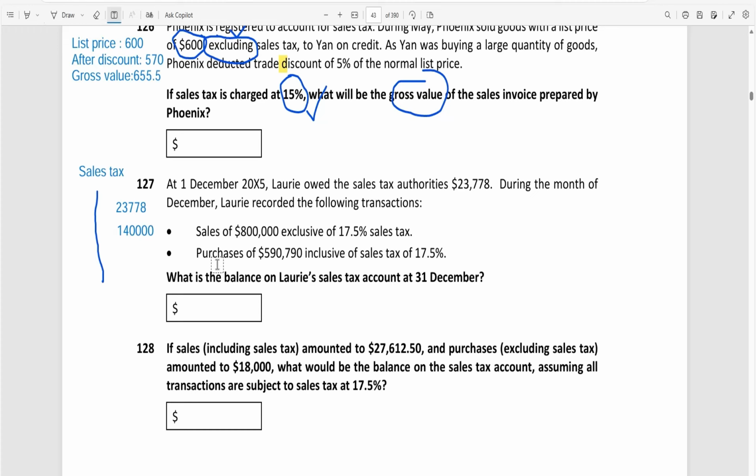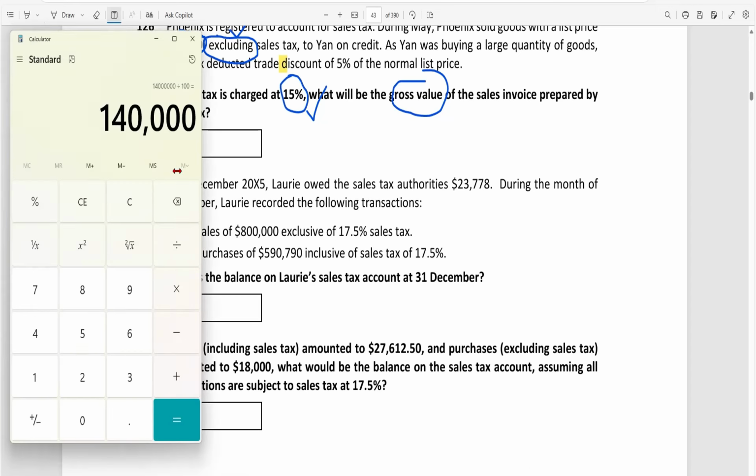So again, in the case of purchase, we need to figure out how much tax we will receive from HMRC. As the question says, the VAT is inclusive. Here the question is saying inclusive. If it says exclusive, then we can simply multiply by 17.5%.